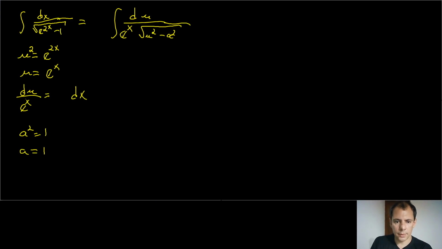Because now this is u. So this is in the right format. So it's going to be 1 divided by a, arc secant of u divided by a. And this u has to be in absolute value.